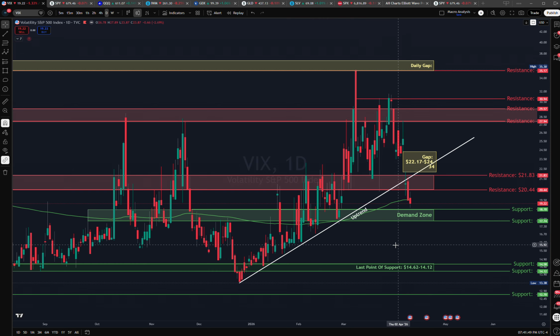So that's the way I use VIX, because of that inverse relationship. If I'm going short the market, I want VIX at a demand or support level. And if I'm going long the market, I want VIX at a supply zone or resistance level where we tend to see rejections. I'm timing my trade more effectively that way, because when you're trading zero DTEs, you better be right on the timing of your trade.